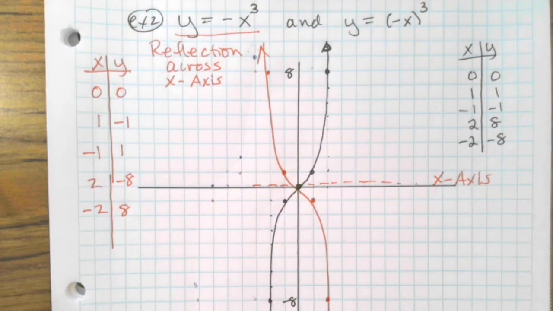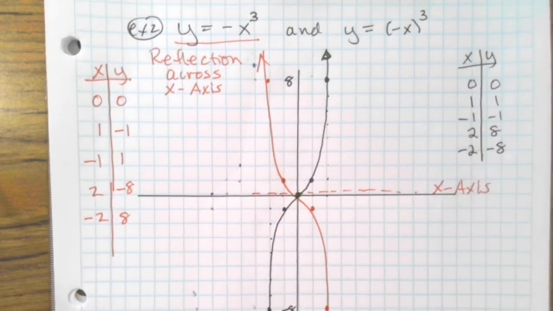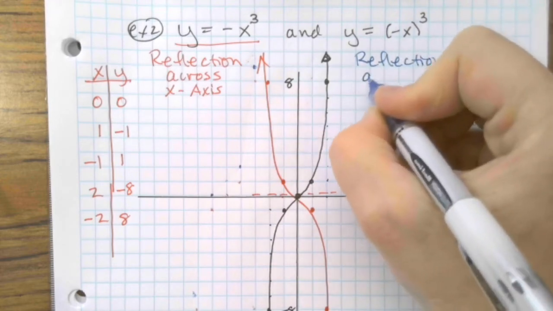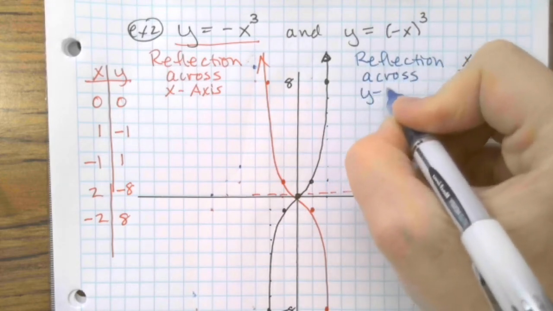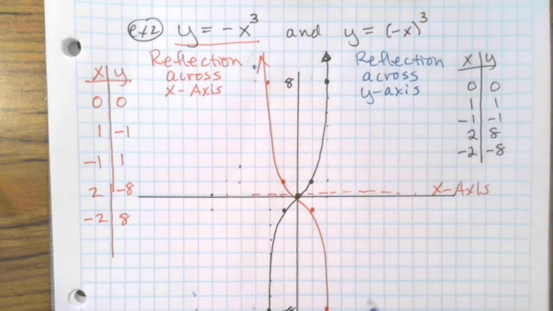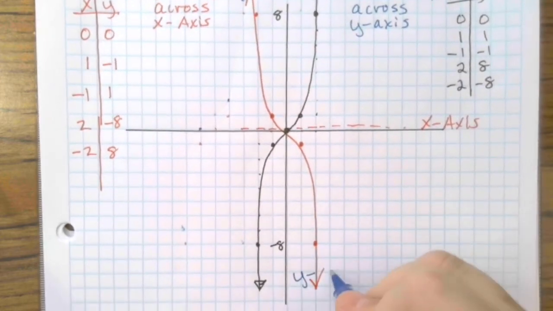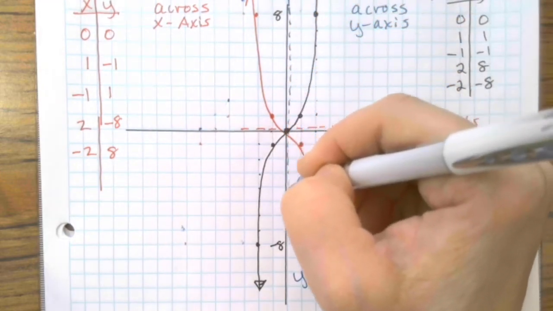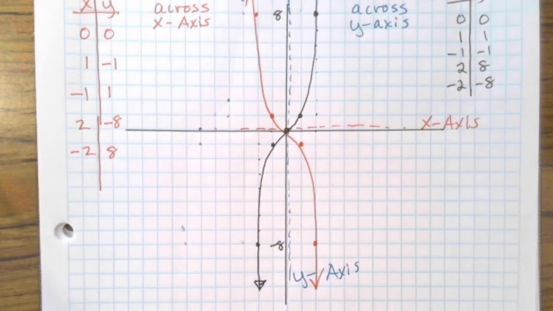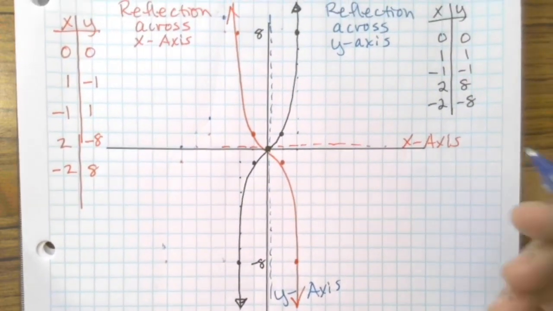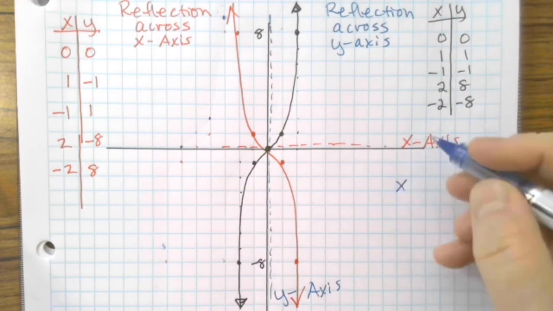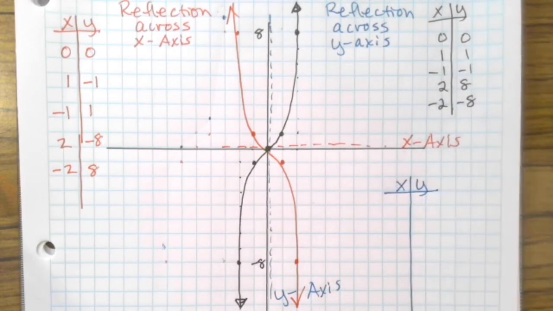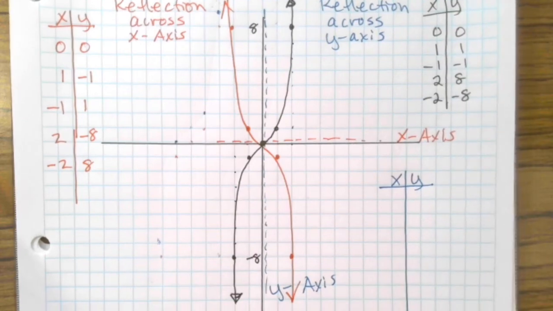All right, last one. If the negative is in with the x, then it is a reflection across the y-axis. The x's are changing. So this is your y-axis. So it's going to reflect across this line. Okay, so let's do those points. I'm going to do them over here in blue. And again, I'm going to use the same x's as the base graph and do the transformation.